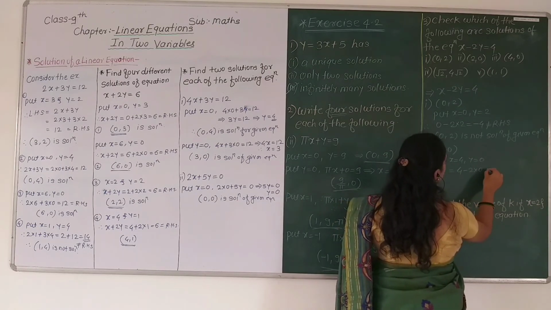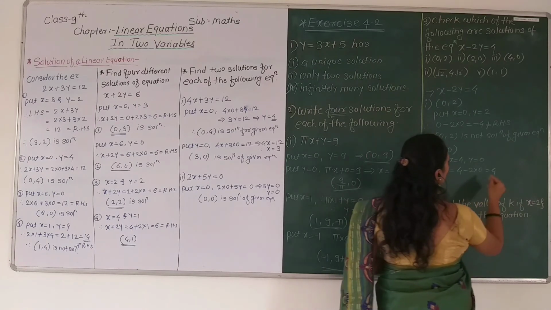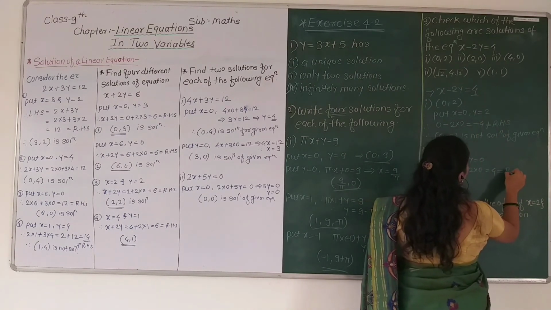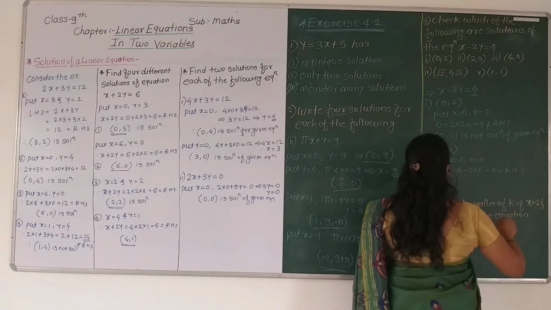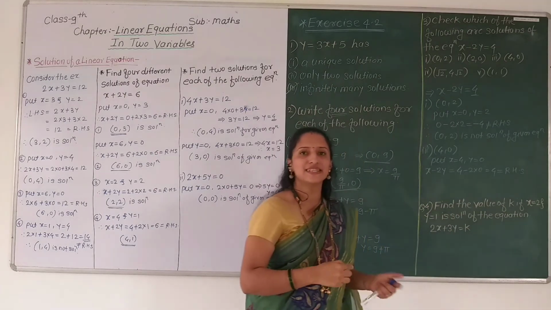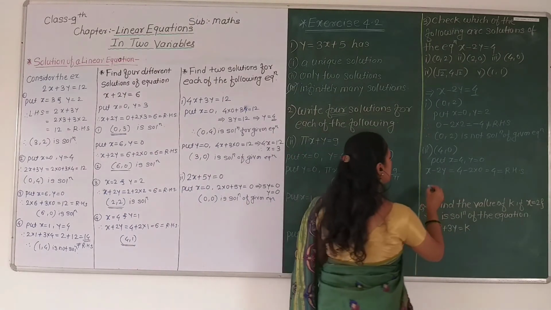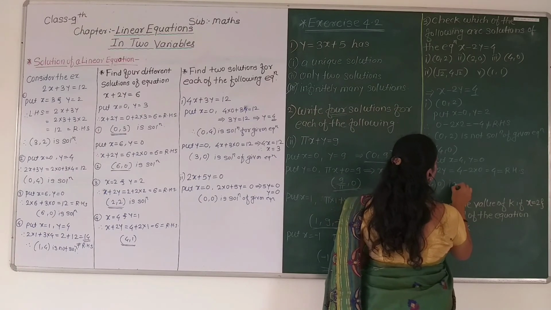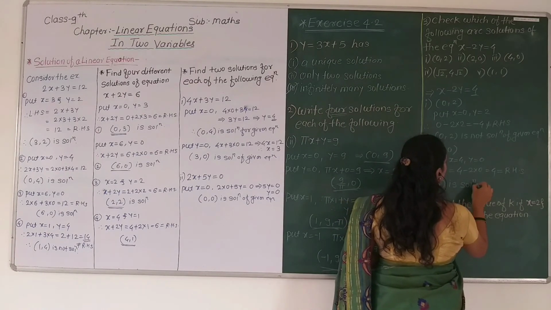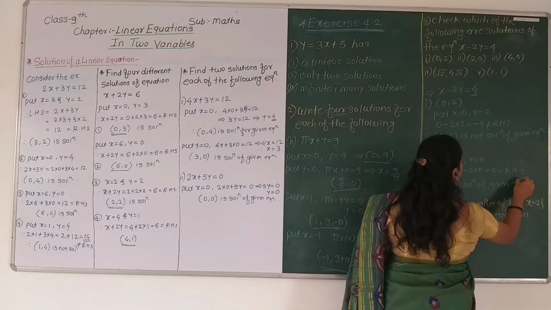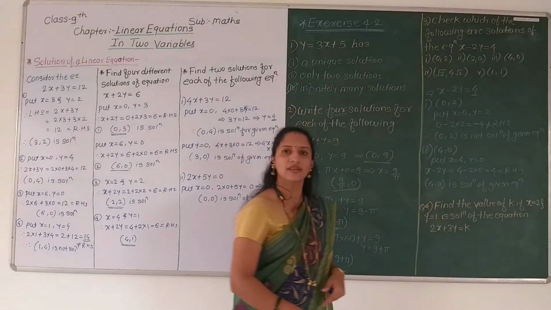Now 2 zeros are 0, that means we get the answer 4. And RHS is also 4. That means by substituting x is equal to 4 and y is equal to 0, we get LHS is equal to RHS. So what we can say? We can say 4, 0 is a solution of the given equation.